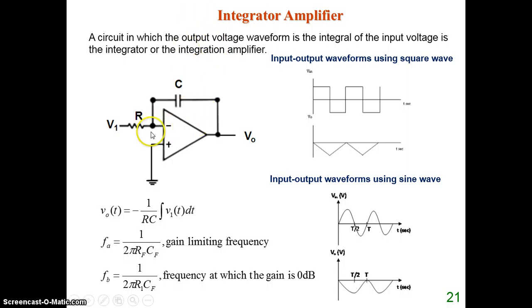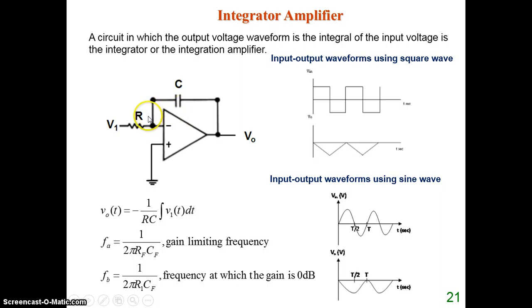And the way you derive your output voltage is the same manner as we have done for an inverting amplifier equation. The only thing is, in this loop we have to consider the voltage-current equation of a capacitor.